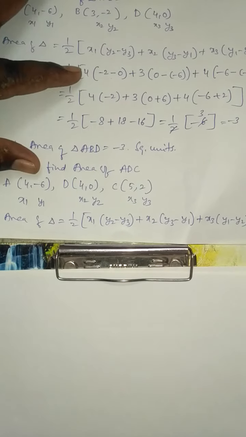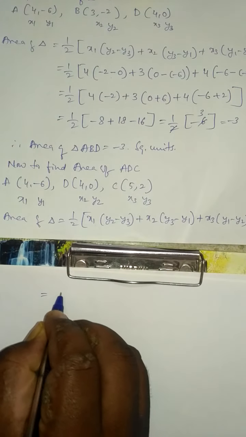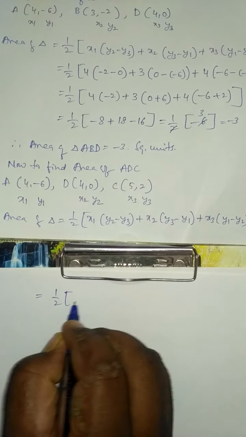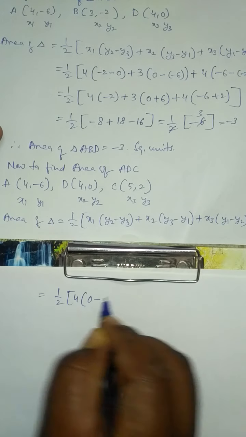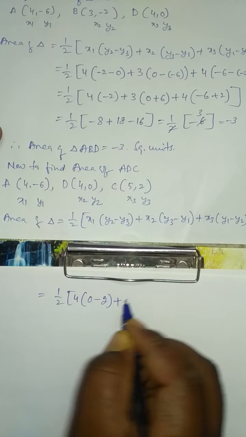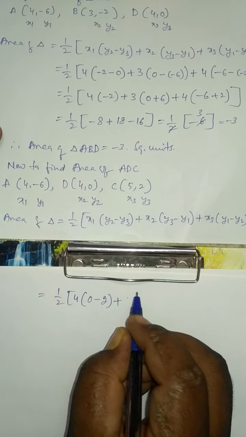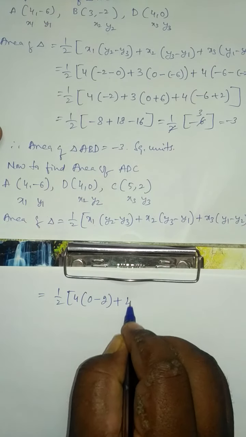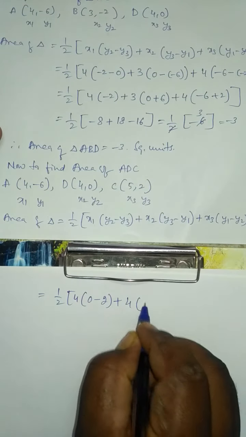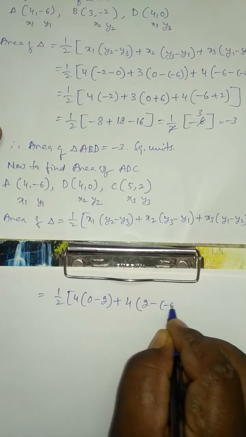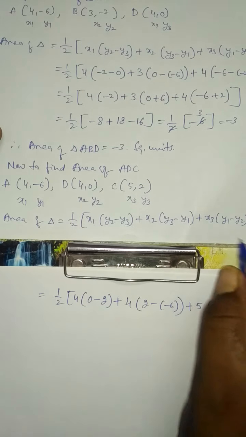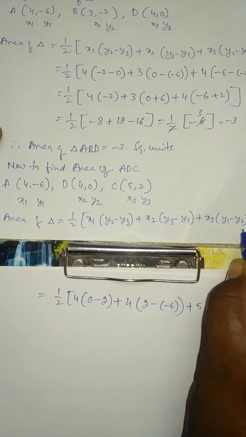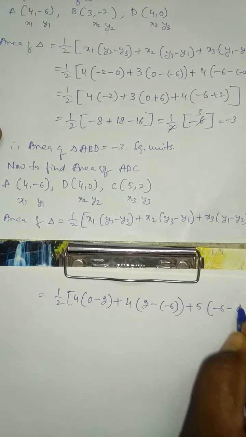So see here what happens. In this problem, half I wrote as it is. Here x1 is 4 and y2 is 0 minus y3 which is 2, plus x2 is 4. Here x1 is 4, x2 is also 4, and y3 is 2 minus y1 which is minus 6, plus x3 is 5, y1 is minus 6 minus y2 which is 0.